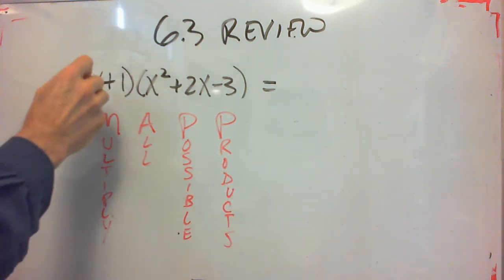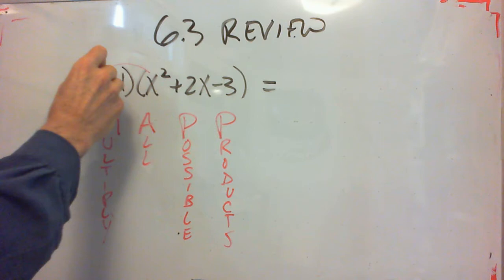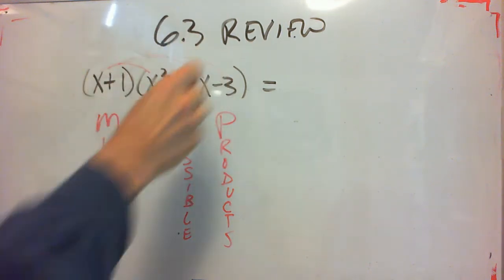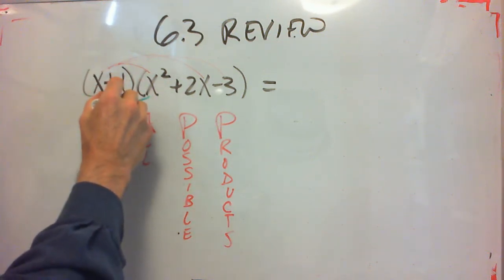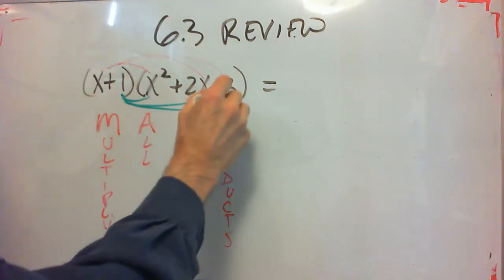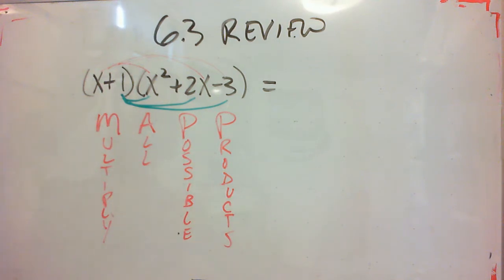So you're going to multiply x times x squared, x times 2x, x times minus 3, but then you're also going to multiply the 1 times x squared, 1 times 2x, 1 times negative 3.